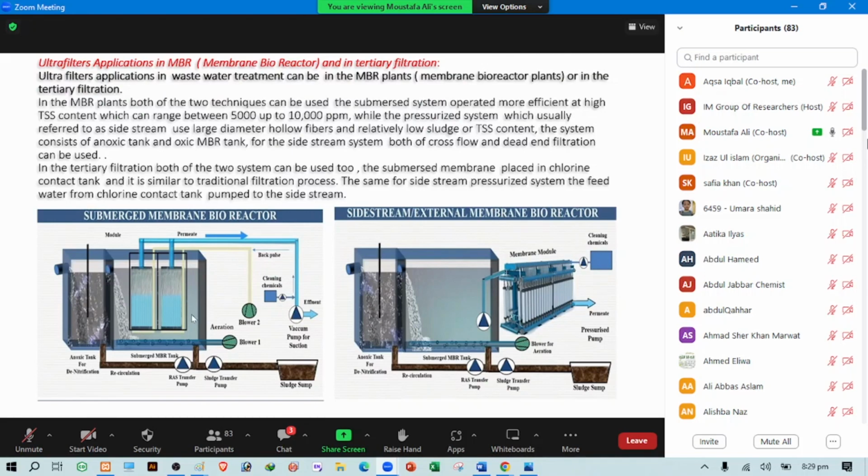In the sludge holding tank, the aeration is stopped and the sludge starts to precipitate. So a skimming or pumping system takes the clear water from the top back to the anoxic tank or to the MBR tank.